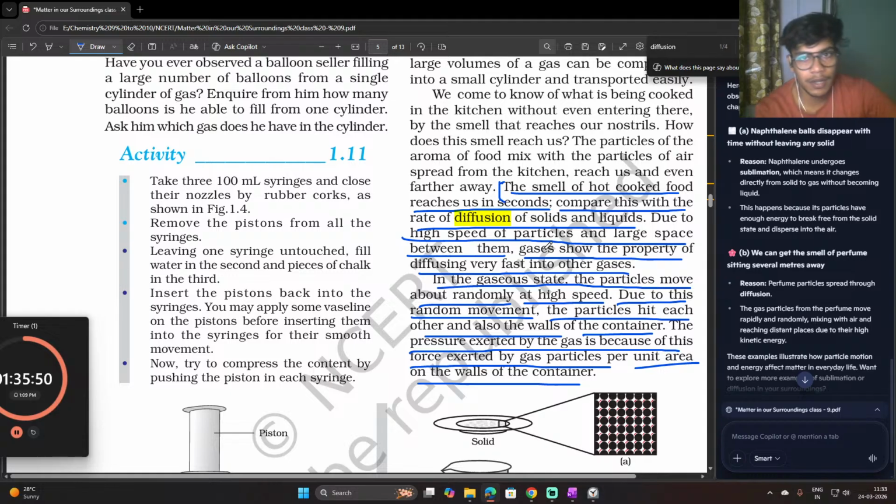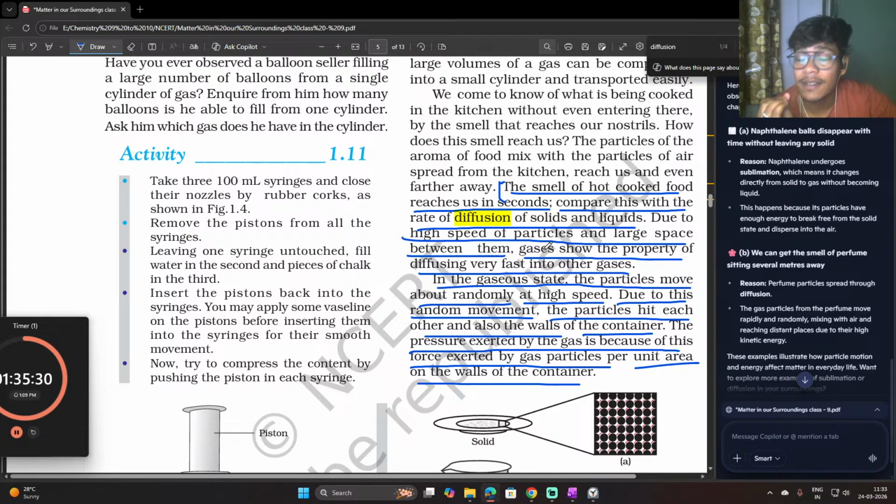You already saw solid, liquid and gas. In solids, particles are very close to each other and there is no space between them. But in liquids there is minimal space, and the particles move freely, right?